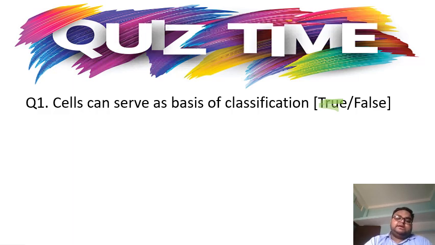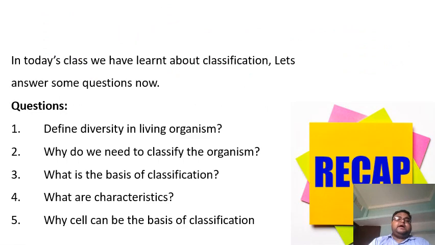Okay, students? Now let's see what we have learned in today's class. In our class, we have learned about classification. So now let's quickly ask some questions. How can we define diversity in living organisms, students? Yes, we can define diversity by the number of organisms present in this world. Right.